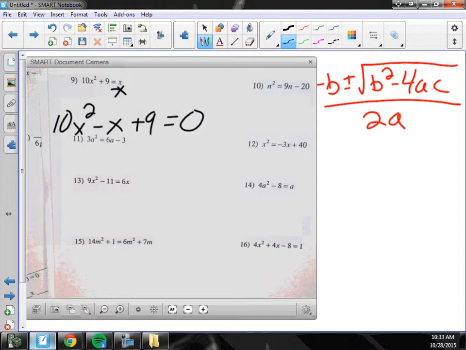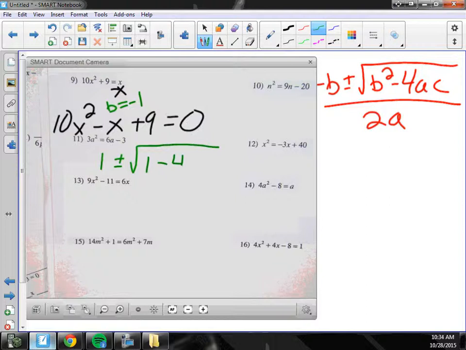Okay, so what is the opposite of B? So in this case, B equals negative 1. So the opposite of B would be 1. Plus or minus the square root of, what is B squared? 1 times 1 is 1.